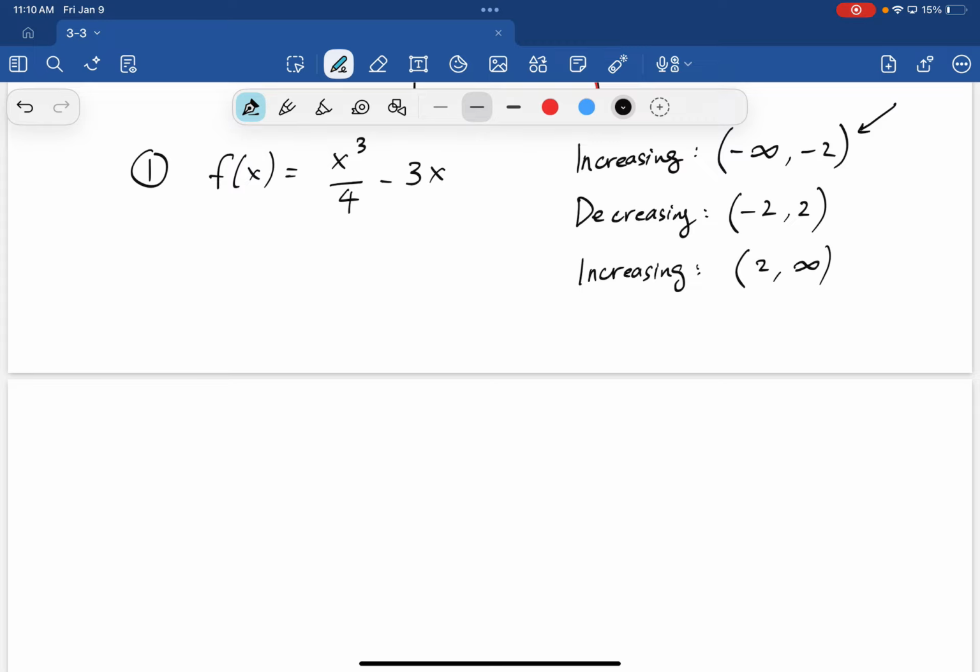So as it's going to -infinity. All right, any questions? A lot. Okay. So negative infinity is like this, right? It's going down. Is that what you're talking about? The x values, right? The x values, when they're within this interval of -infinity to -2, the graph is increasing.